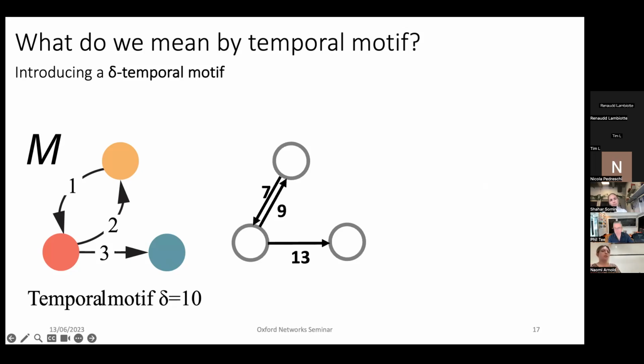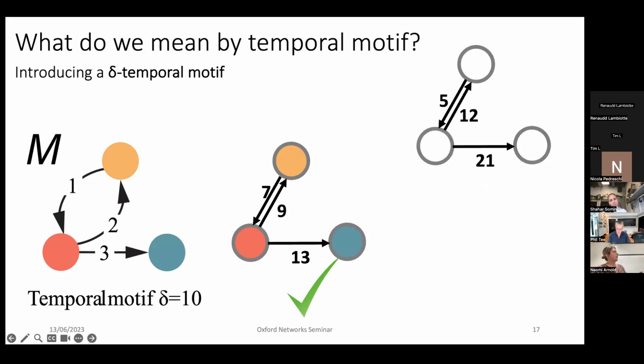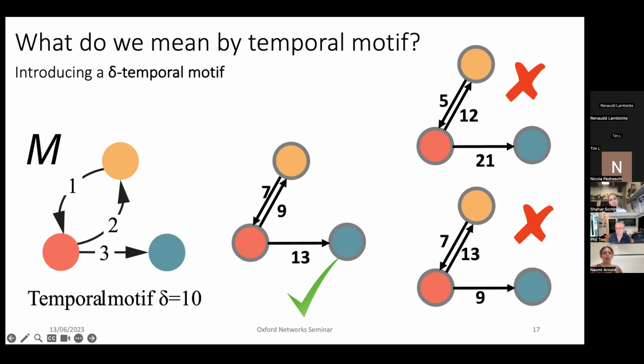So as an example, if you see something like this in the graph, this would be an instance of the motif you're interested in because the edges are all in the right order and the time difference is small enough. This wouldn't be, because the first and last edge, 5 and 21, have too large a difference. And in this instance, the edges are happening in the wrong order, so it wouldn't be an instance of that motif either.